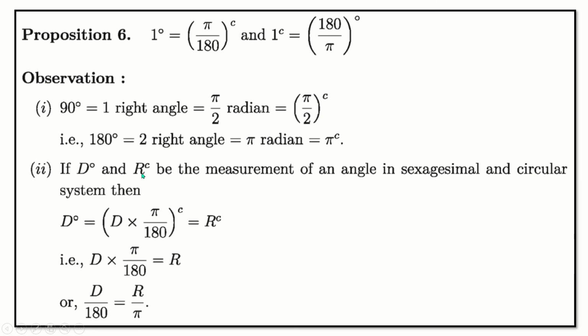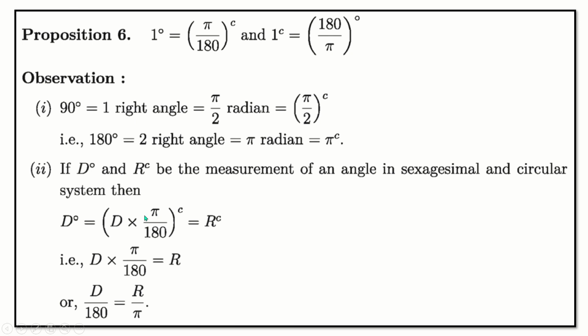If d degrees and r radians are the measurement of an angle in the sexagesimal and circular systems, then d degrees is equal to d into pi by 180 radians, and pi by 180 into d we can write as r radians, because d degrees and r radians are the same given the condition. When we convert d degrees to radians, we get d into pi by 180.